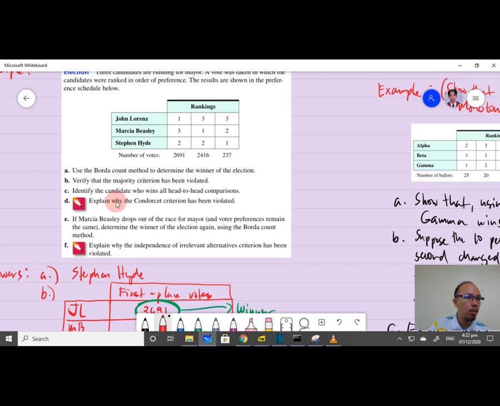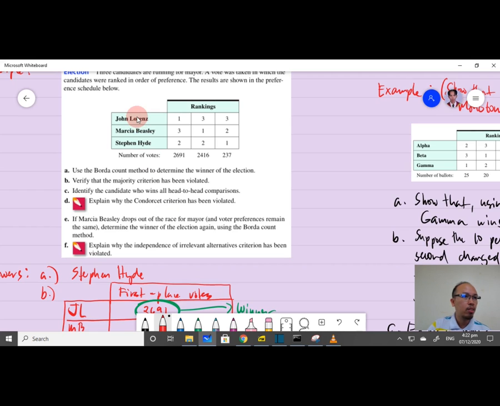So clearly, why is it that the Condorcet criterion is violated? It is because, as you can see, using Borda count, the winner is Stephen Hyde. But using the pairwise comparison voting method, the answer is John Lawrence.